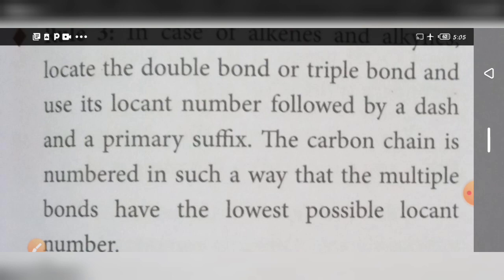What is primary suffix? The carbon chain is numbered in such a way that the multiple bonds have the lowest possible locant number. That is, the end carbon which is nearer to the double bond or triple bond. Okay, now you take a compound with one double bond.